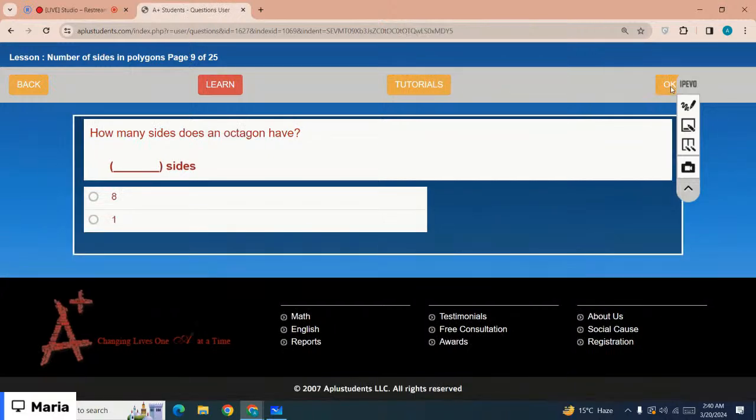Yes, hexa means 6. How many sides does an octagon have? The correct option is octa means 8 sides, right?